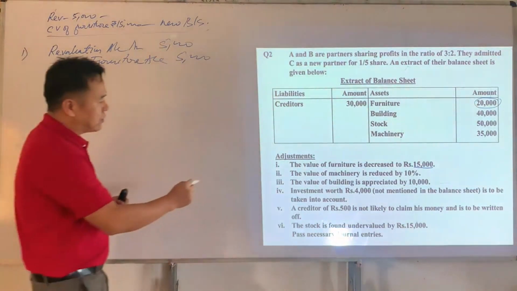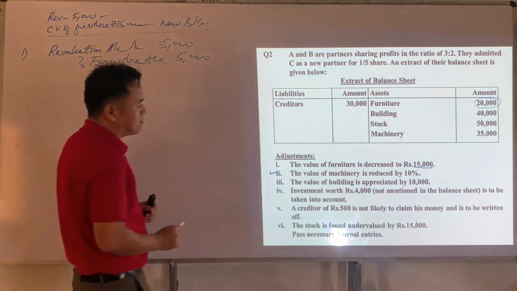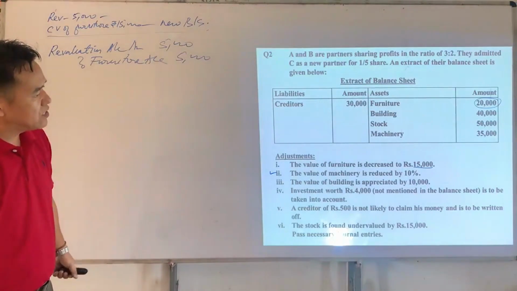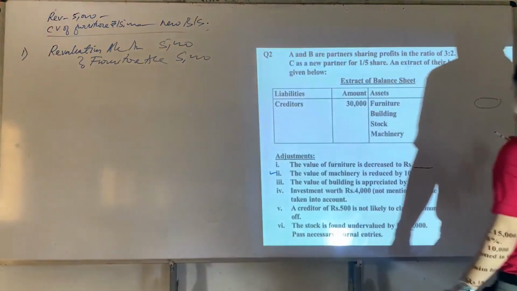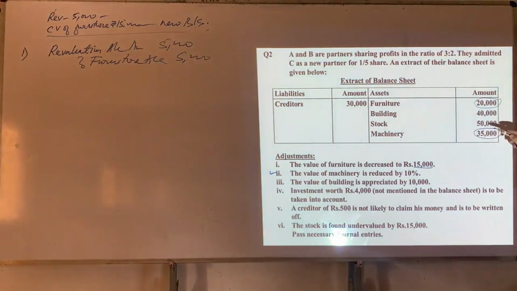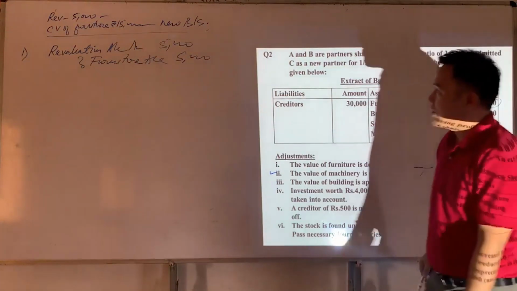Okay. Now we will do the second adjustment. The second adjustment is that the value of machinery is reduced by 10%. So here, what is the book value of machinery? 35,000. So this 10% should be calculated on 35,000. What is 10% of 35,000? 3,500.